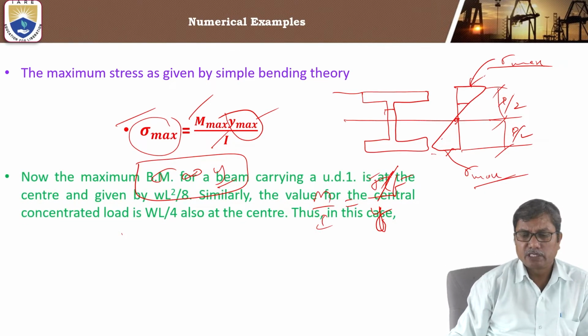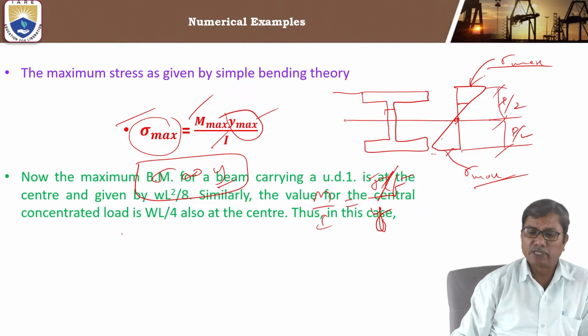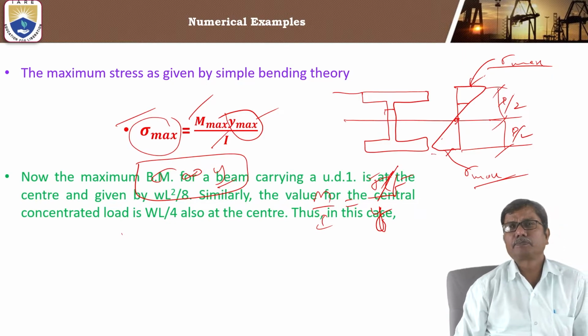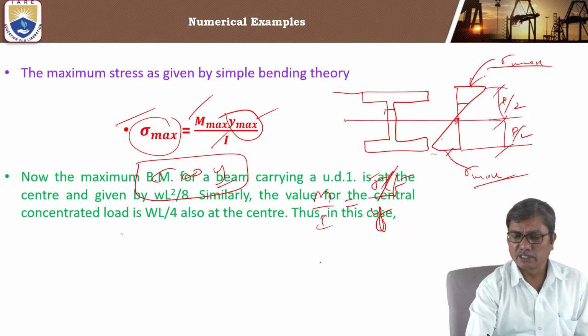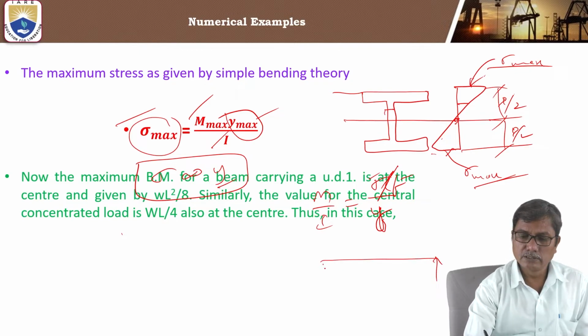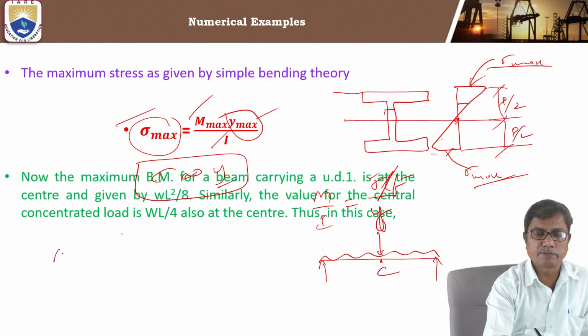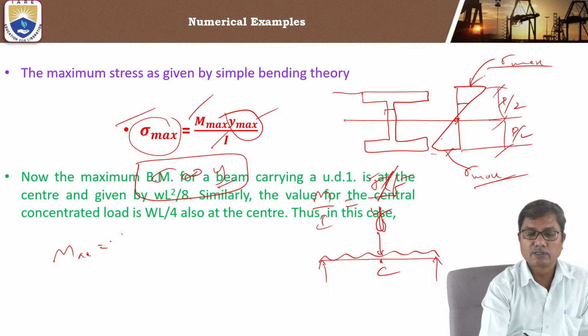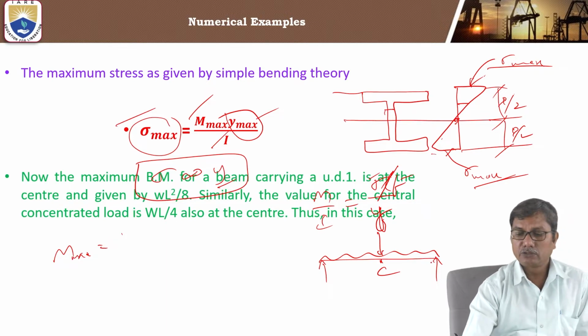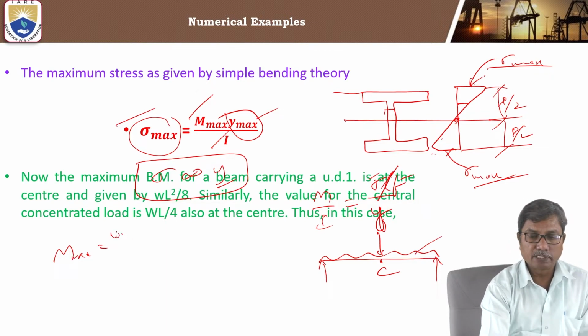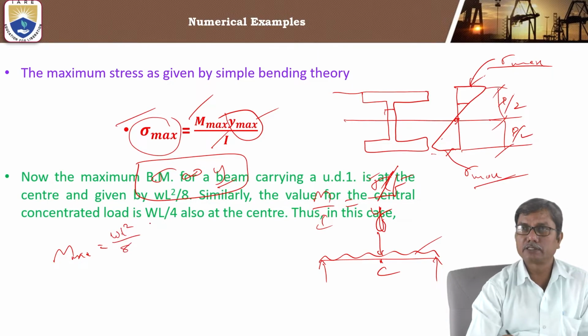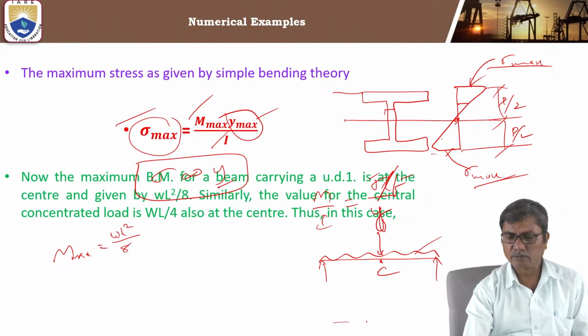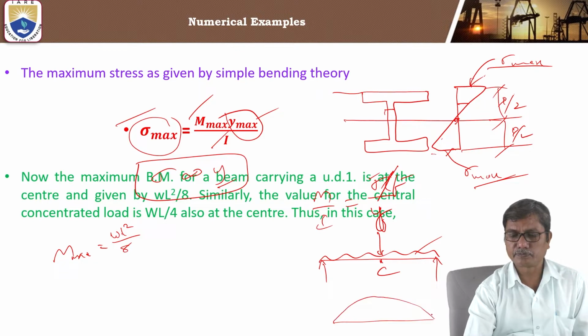Now the maximum bending moment. First you need to find the maximum bending moment. Where does it occur? Again, the beam is symmetrically loaded, so the bending moment will be maximum at mid span. What is that maximum bending moment? Due to UDL, the maximum bending moment occurs at the center, which is WL square by 8.